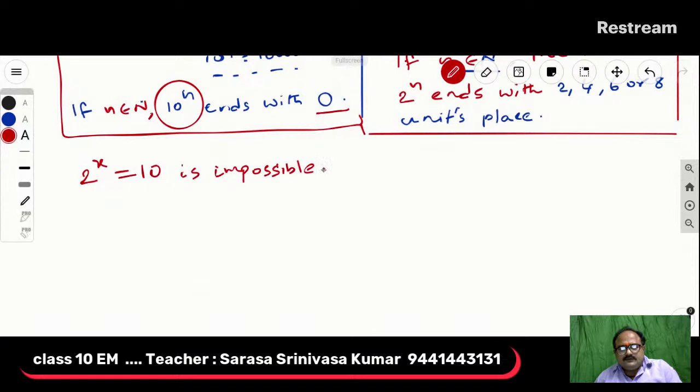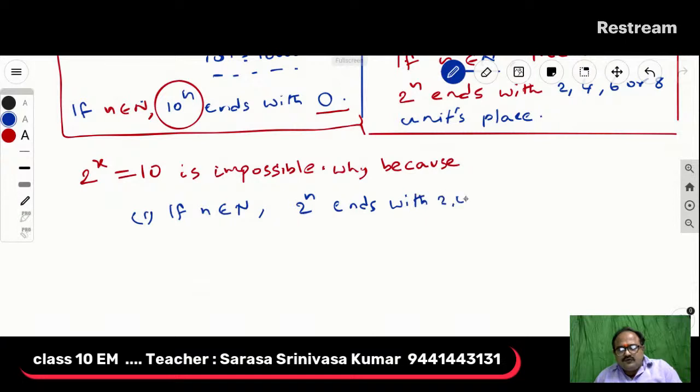Because we write that as step number 1. If n is a natural number, 2 power n ends with 2, 4, 6 or 8 in the units place.